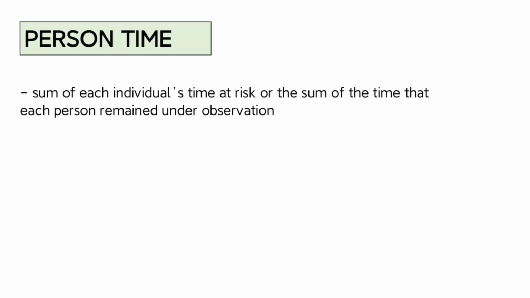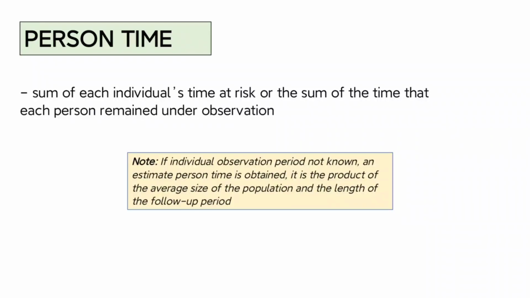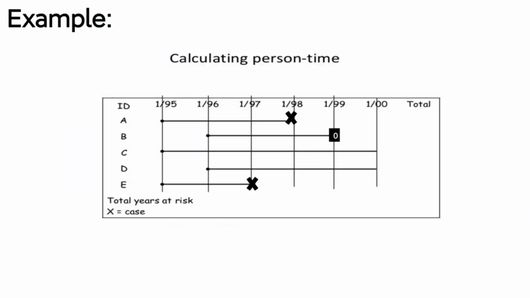So, person time is sum of each individual's time at the risk or the sum of the time that each person remained under observation. Take note that if individual observation period is not known, an estimate person time is obtained. So, kaya tuturo ko din yan. It is the product of the average size of the population and then the length of the follow-up period. So, ito yung pinakamadaling pag-compute ng person time.